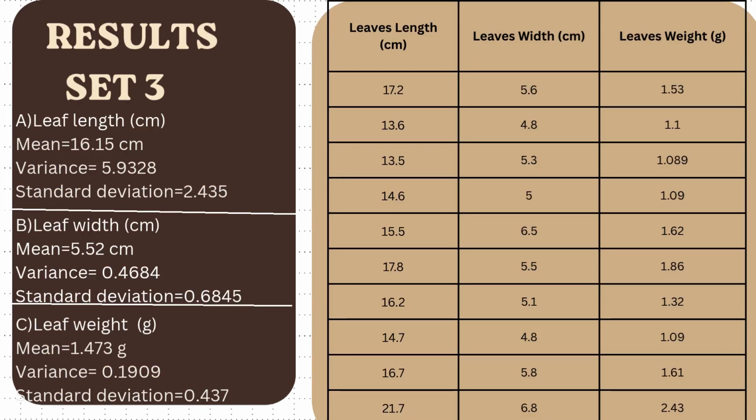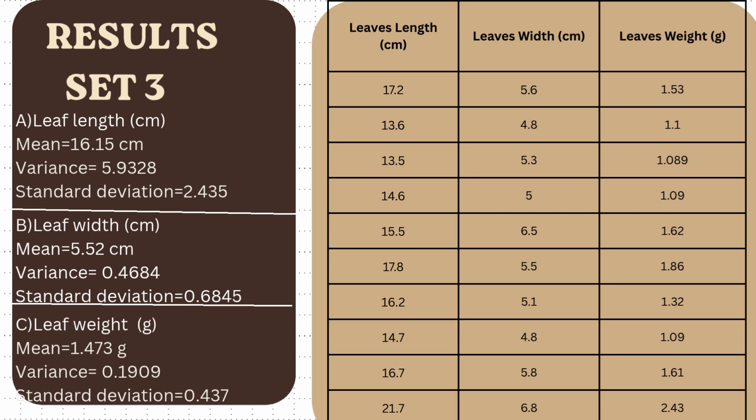Next, we go to result set 3. The leaf length mean is 60.50 cm. The variance is 5.9328. The standard deviation is 2.435. Next, leaf width in cm. The mean is 5.52 cm. The variance is 0.4684.